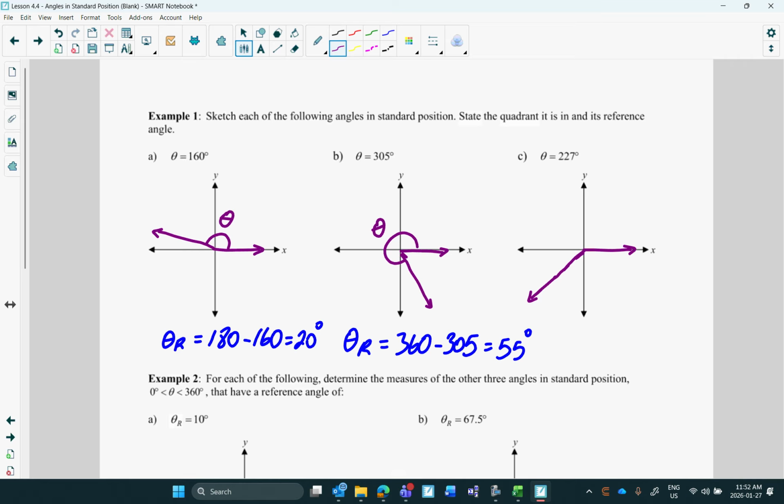If you're somewhere in the middle or slightly more, you're fine. How would I find the reference angle? 227 minus 180, and we get 47 degrees.